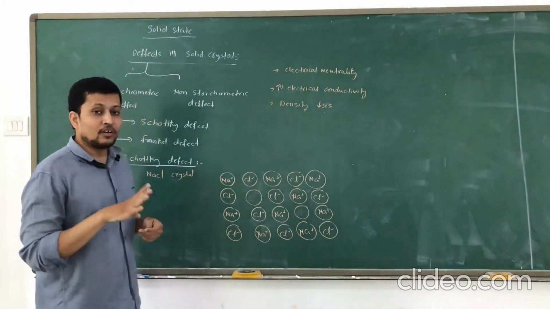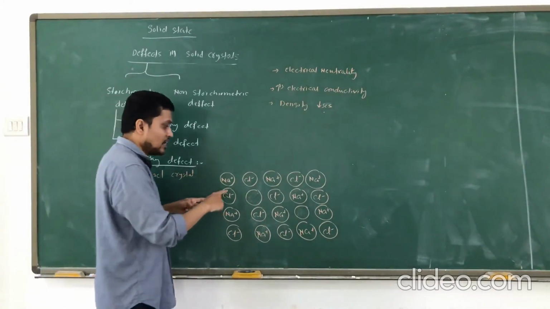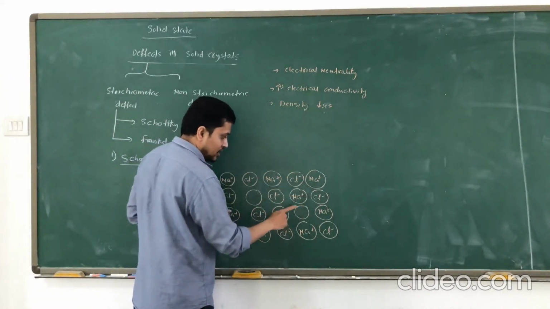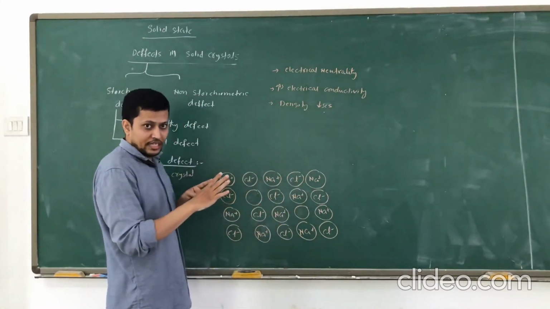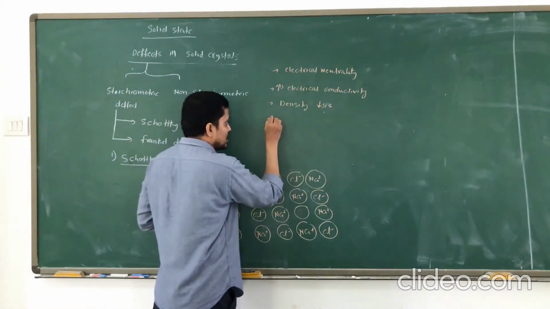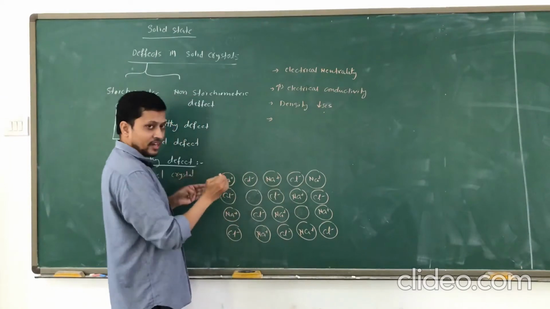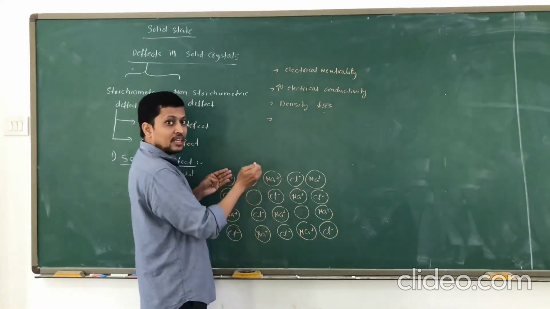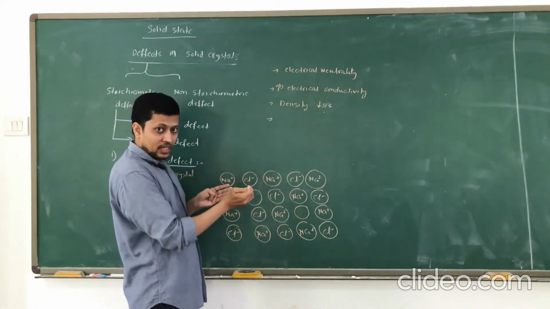And the last point, but very important in this defect: whenever we are losing the anion and cation, the number of anions and cations missing is equal. Normally this defect takes place in a solid crystal where the size of anion and cation is the same.